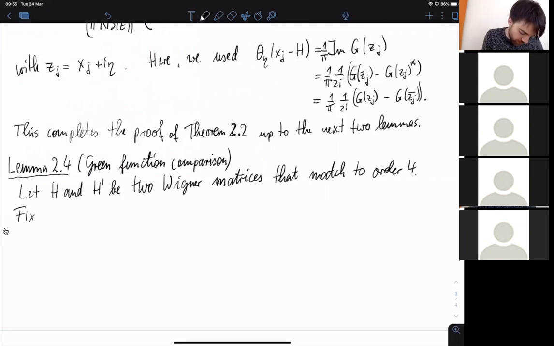We fix an E and an epsilon. Epsilon should be between 0 and 1 over 20. And then we find xc such that the following holds.